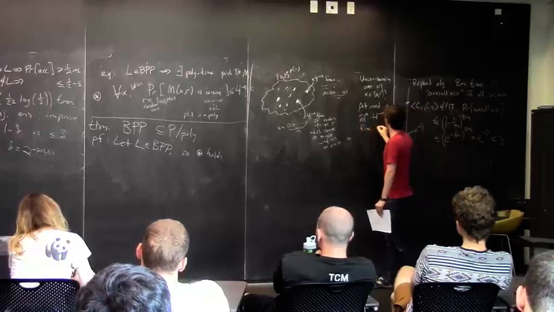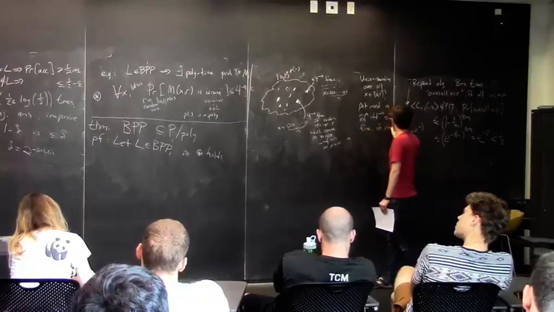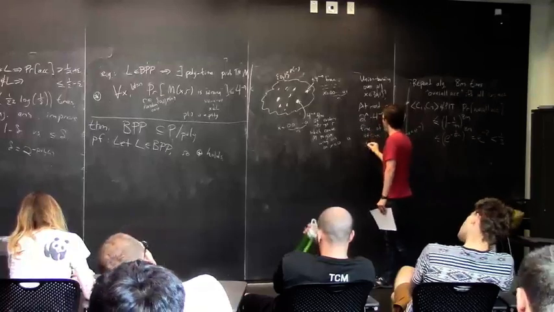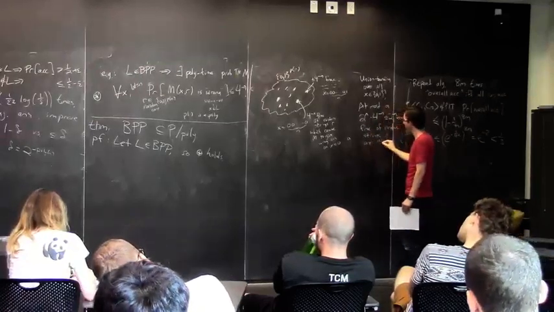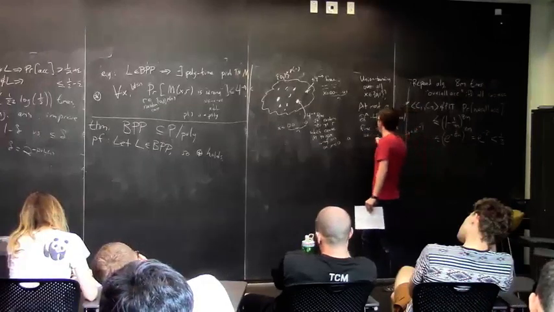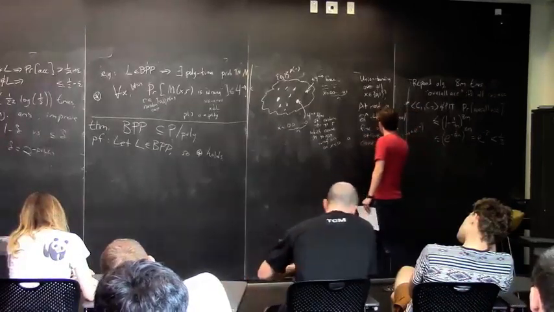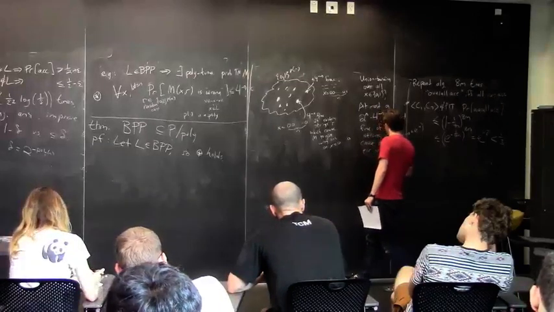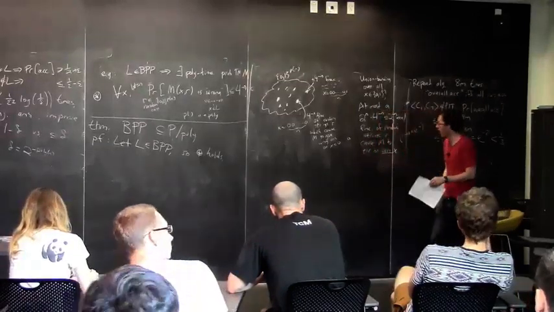Fraction of random strings R that are, let's say, bad, cause M to err on any x of length n.